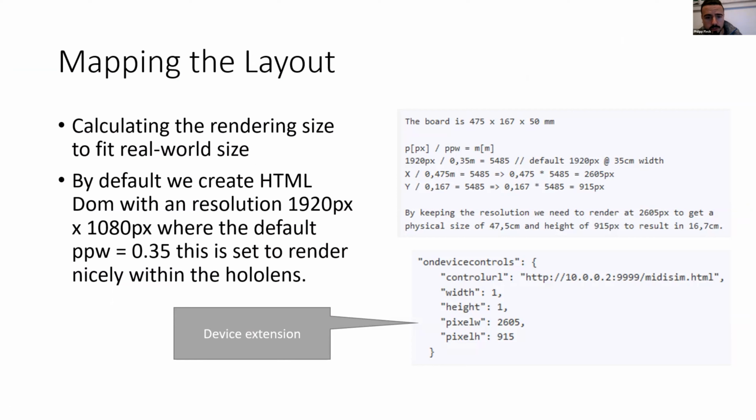So there are also convenience functions inside there to calculate the right size between real world and rendered HTML pixels within the virtual 3D world of the HoloLens, which is always a thing if you want to do screen overlays or something like that. It computes a one-to-one fit so that your rendered pixels are in range with the metric unit system.